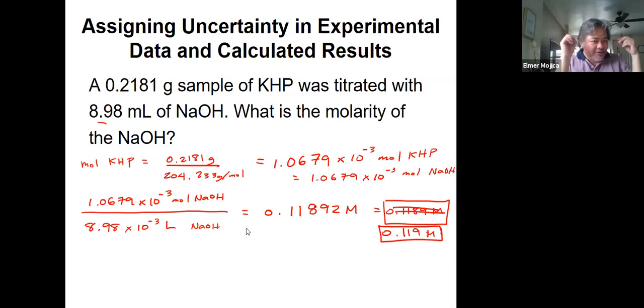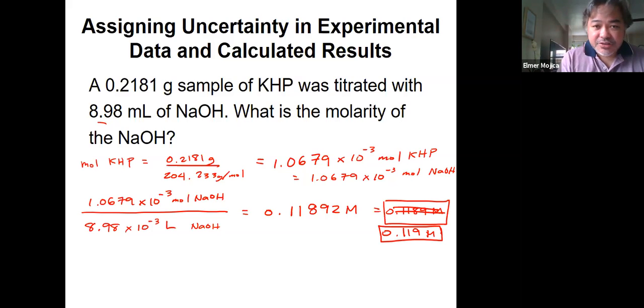Now, how do we apply uncertainty here? The one that we did right now is the simplest one. We use the implicit uncertainty in each measurement, so significant figures determine the final answer, depending on the number of significant figures that we have.